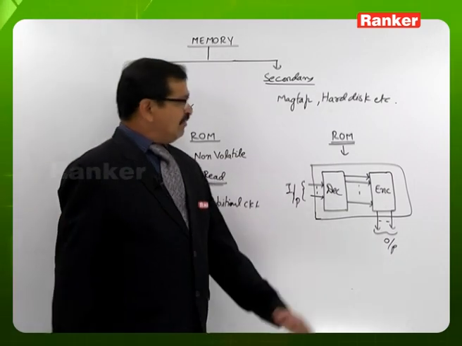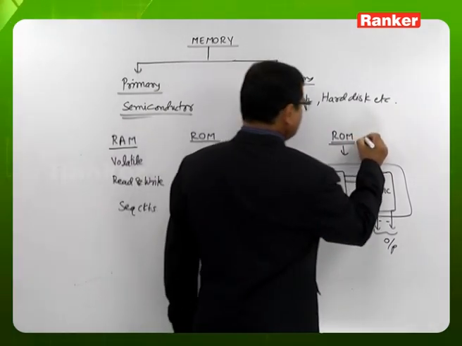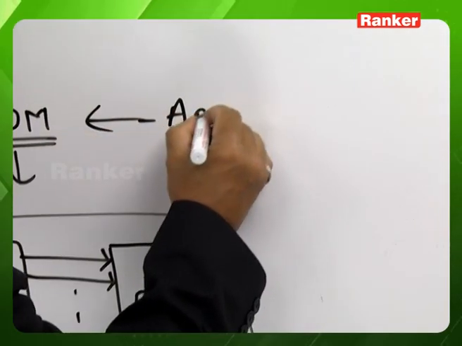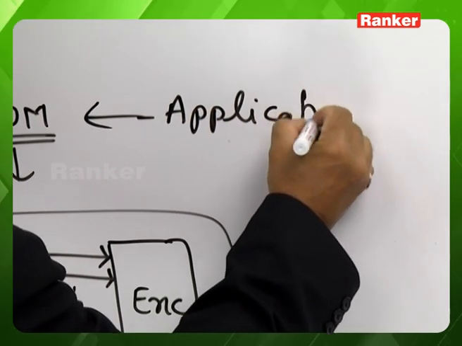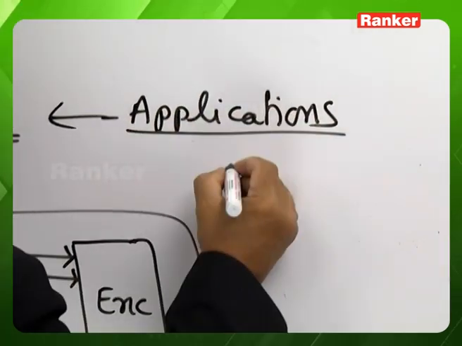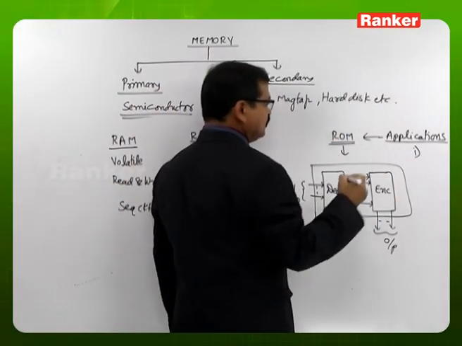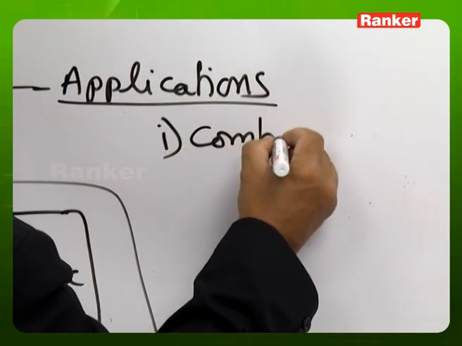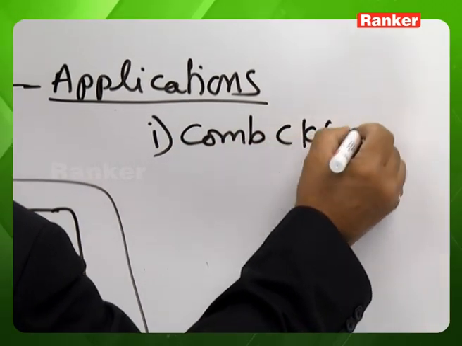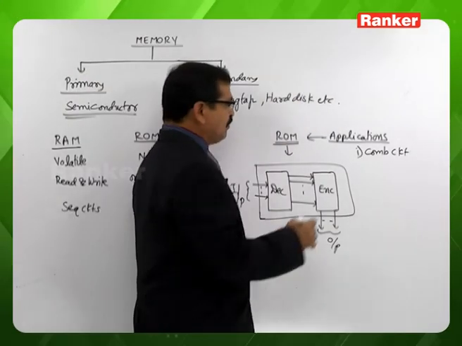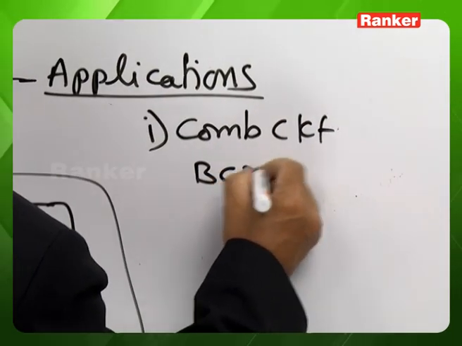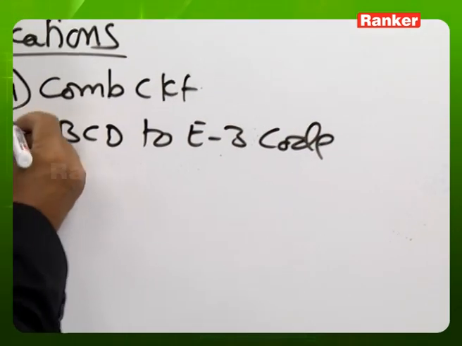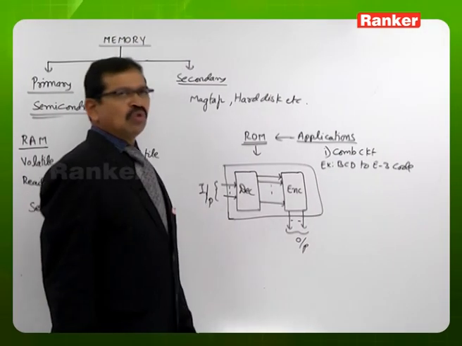Looking at the applications of read-only memory, we can use it to implement a combinational circuit. For example, say we implement a BCD to XS3 code converter.